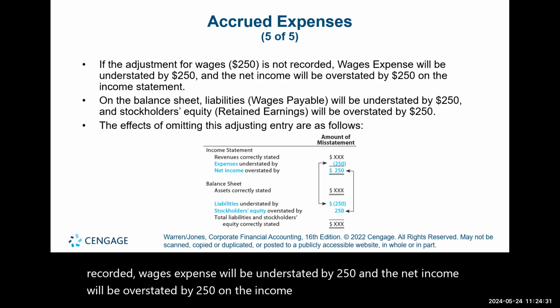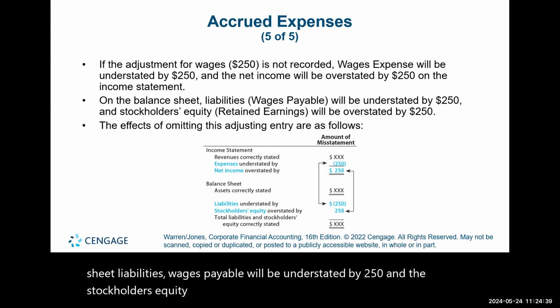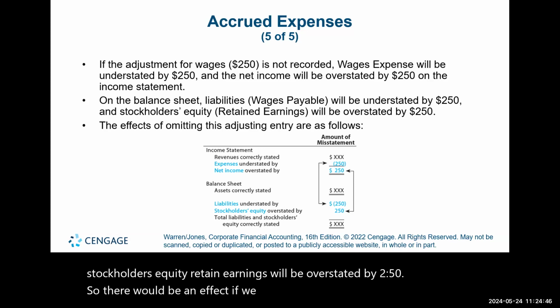And on the balance sheet, liabilities, wages payable, will be understated by $250, and the stockholders' equity, retained earnings, will be overstated by $250. So there would be an effect if we fail to record this journal entry.